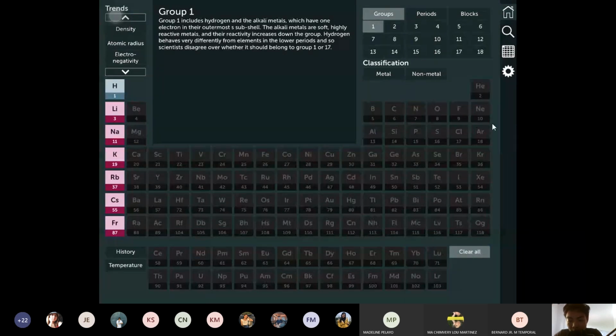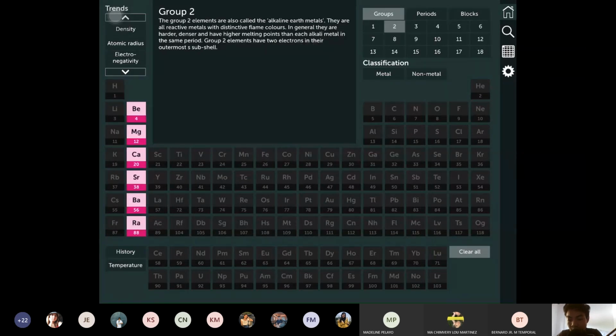If your atoms are located in group 1A, that means they have 1 valence electron. That's 1 dot. If group 2A, how many dots? 2 dots, 2 valence electrons.